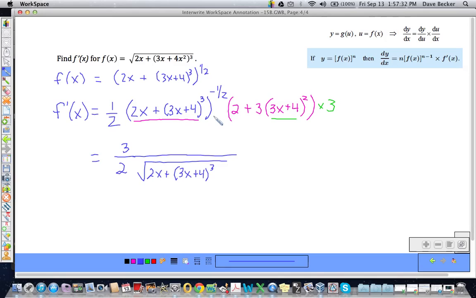Okay, so that's all that. And I've already taken care of this 3. So now we just have to put this thing up on top. So that's 3 times (2 plus 3 times (3x plus 4) squared), close parentheses.